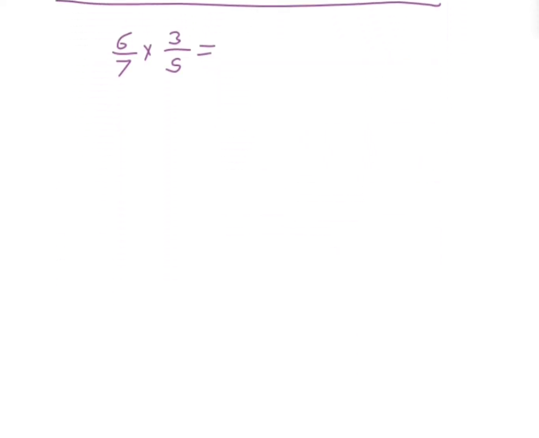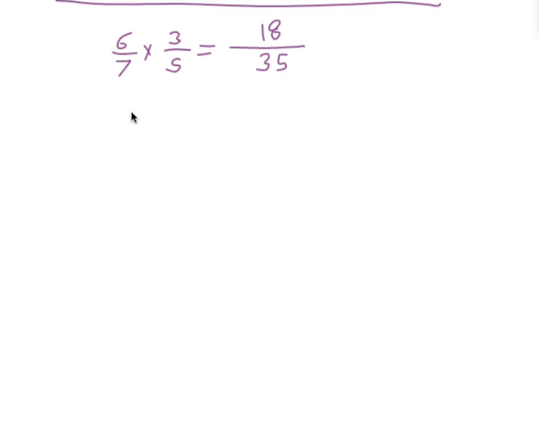If yes, please reduce first. Otherwise you can simply multiply numerator across and denominator across. Here there is no common factor, so we can easily multiply. Numerator across 6 times 3 is 18, and 7 times 5 is 35, and this is the answer.